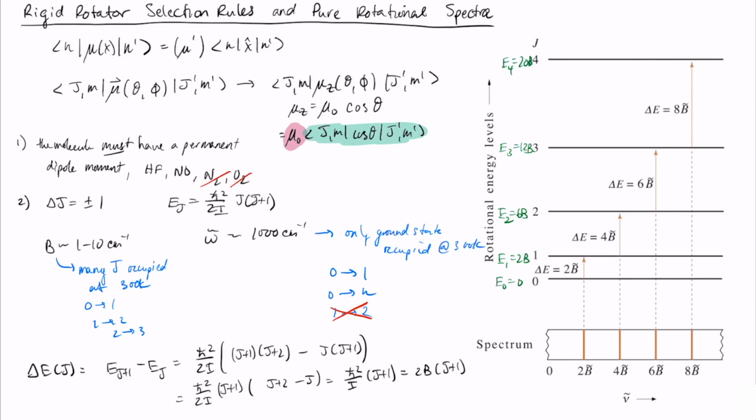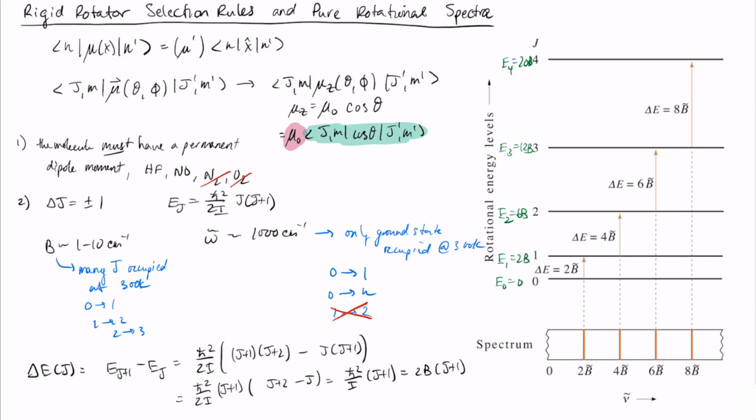And remember, what makes this very different from vibrational spectroscopy is that you will actually be able to see all of these different transitions. You'll be able to see the transition from 0 to 1, from 1 to 2, from 2 to 3, and from 3 to 4. And actually the other way around as well, so you'll be able to see 3 to 2, 2 to 1, 1 to 0, and so on.